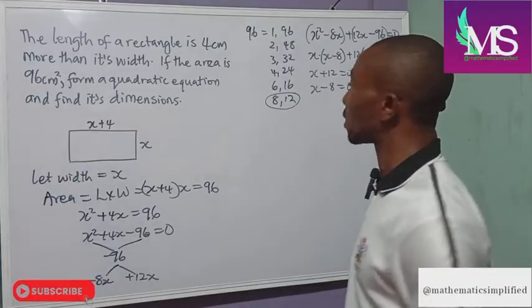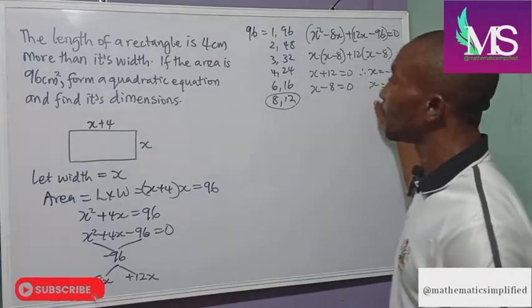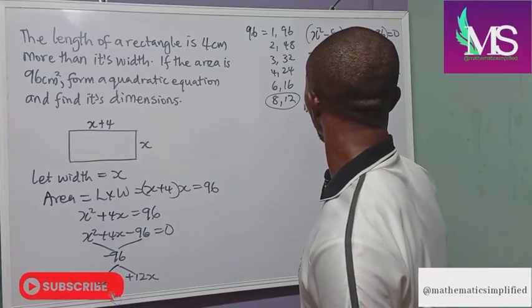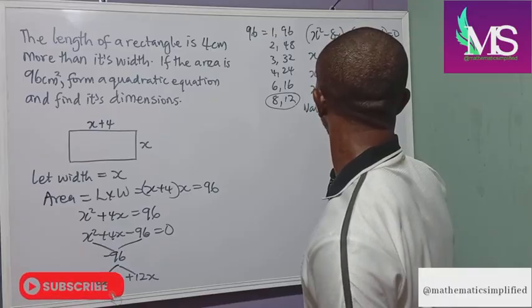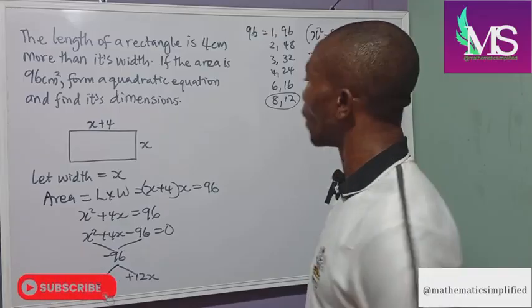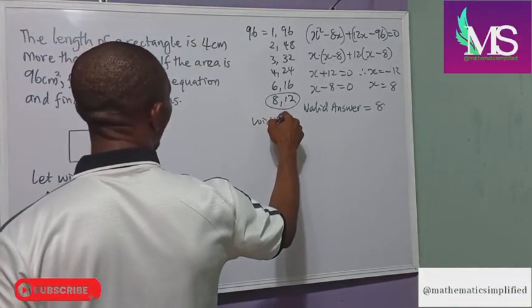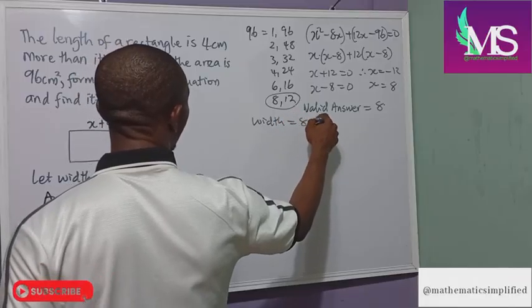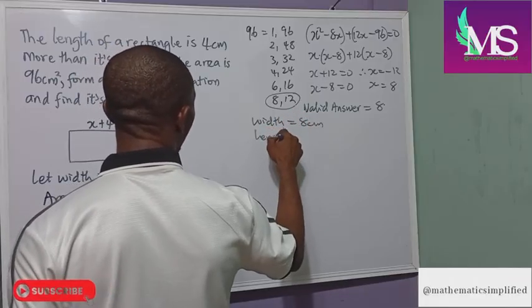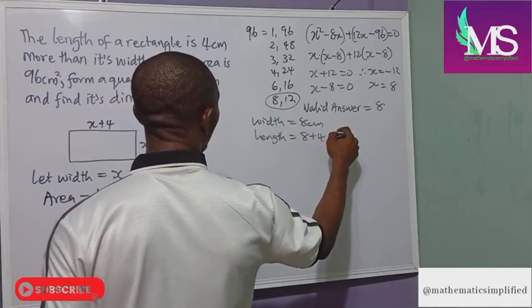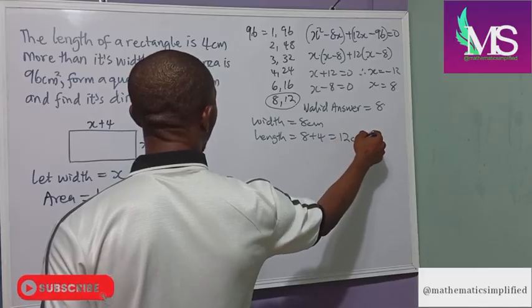But since our length can't be negative, the valid answer equals 8. Now, if our x is 8, that means our width is 8 cm and length is 8 plus 4, which is 12 cm.